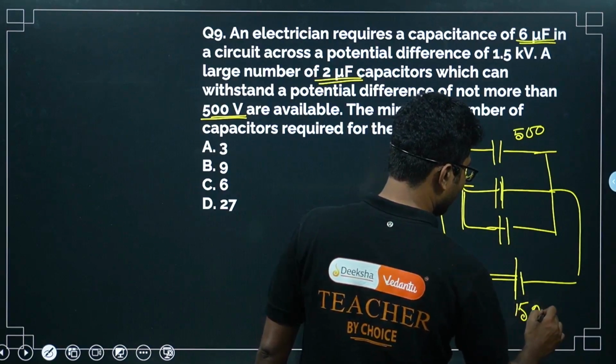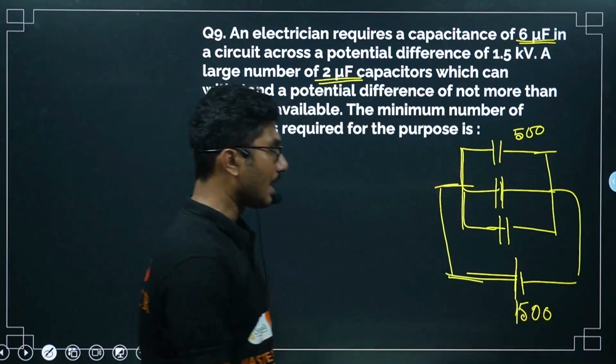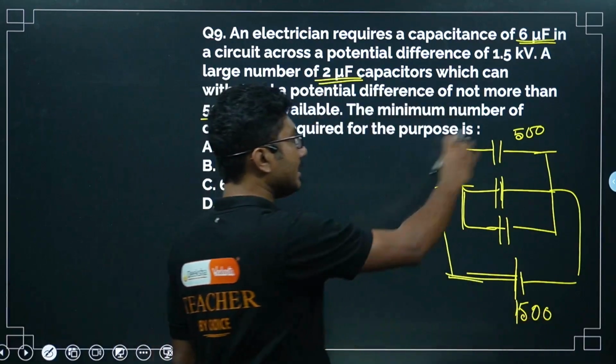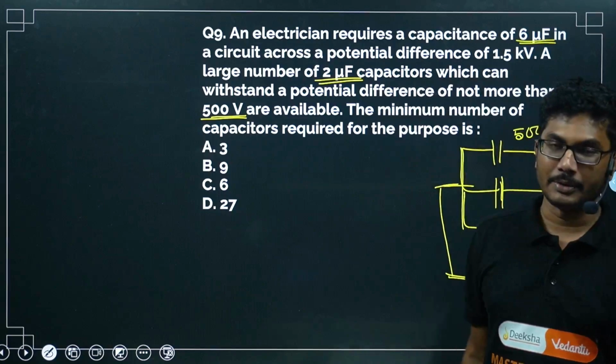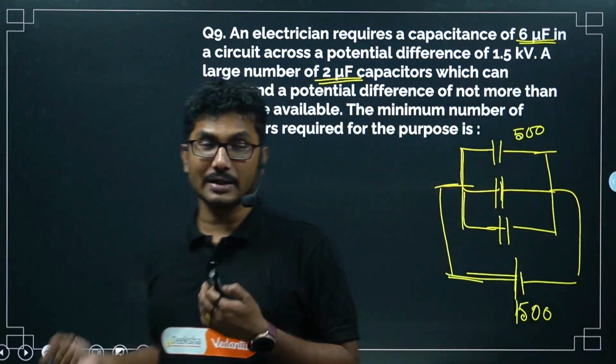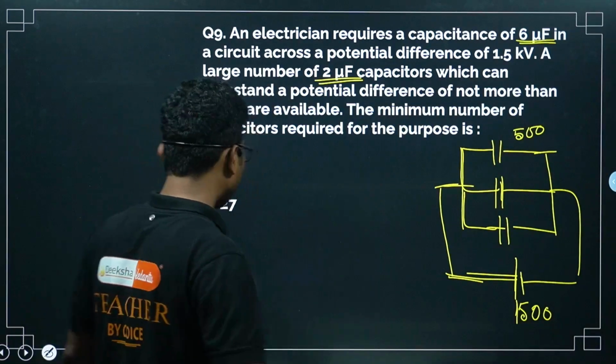So if I apply 1500 volt, each of the capacitors will immediately burn, because it is 3 times higher than their rating. So what do we have to do?